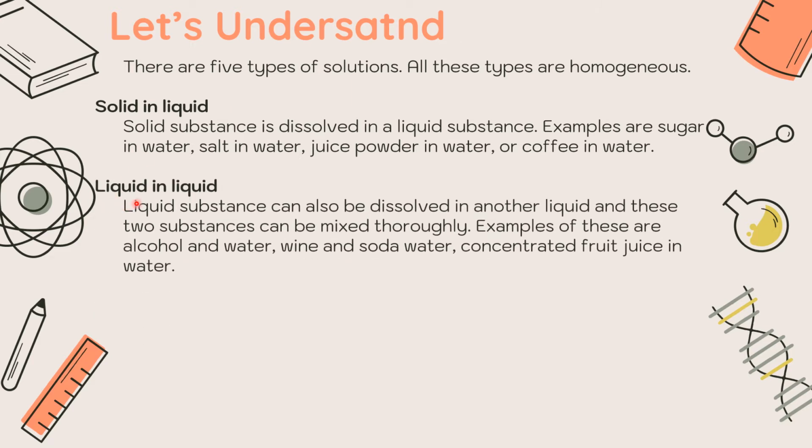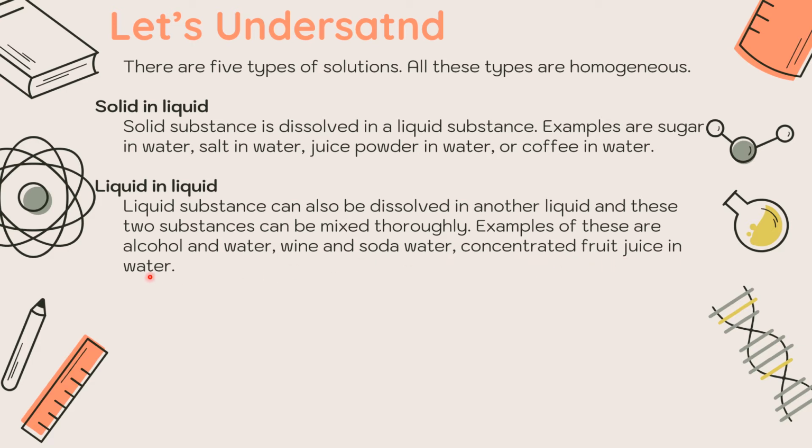Next, we have liquid in liquid. A liquid substance can also be dissolved in another liquid, and these two substances can be mixed thoroughly. Examples of these are alcohol and water, wine and soda water, concentrated fruit juice in water.